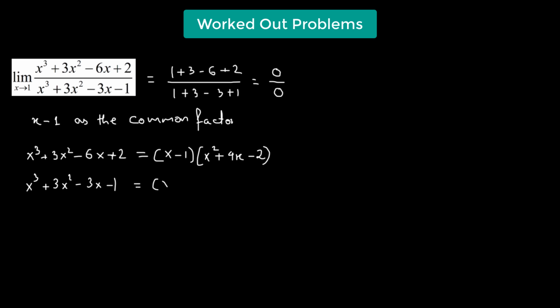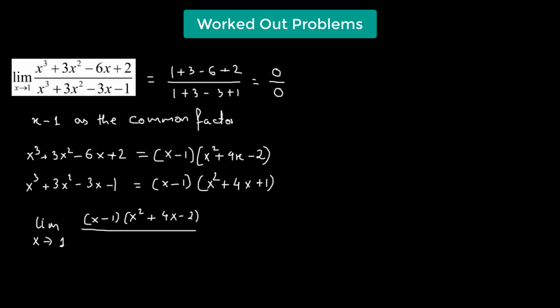So that should give us x minus 1 times x squared plus 4x plus 1. Now we're going to rewrite the rational function in terms of the factors. So we have x minus 1 times x squared plus 4x minus 2 in the numerator, and in the denominator we have x minus 1 times x squared plus 4x plus 1.